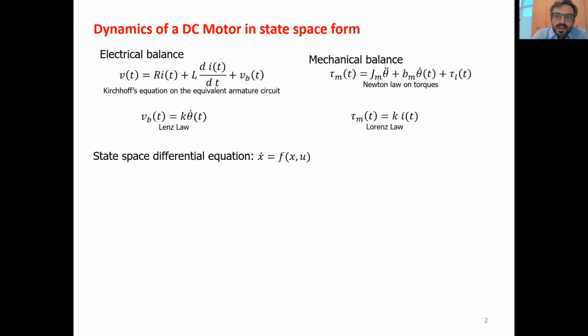What are the inputs in our DC motor actuator control? So our DC motor and load system that is described by these equations. What are the inputs of this system? External inputs.